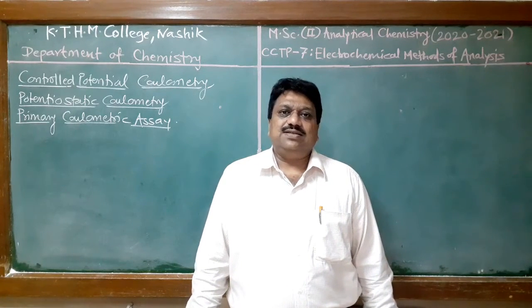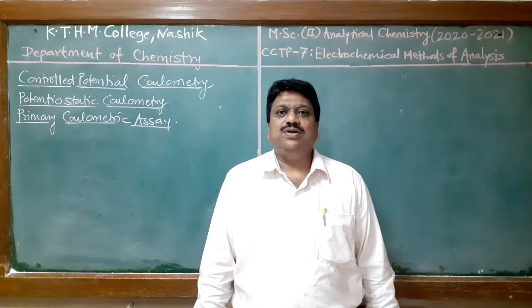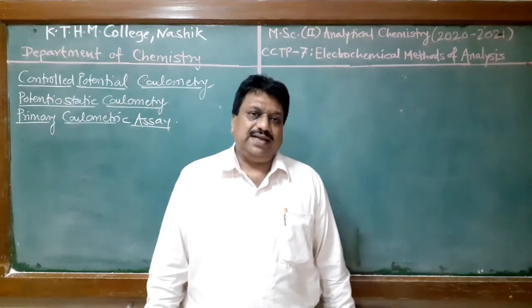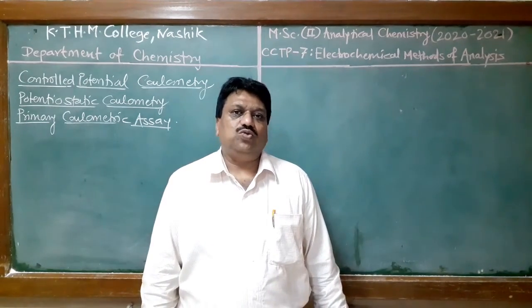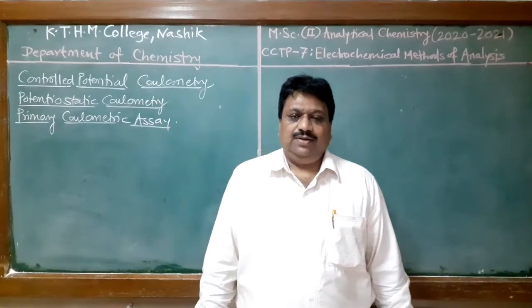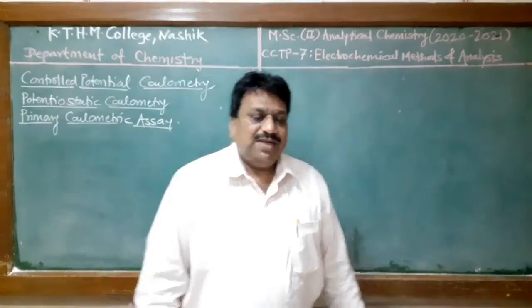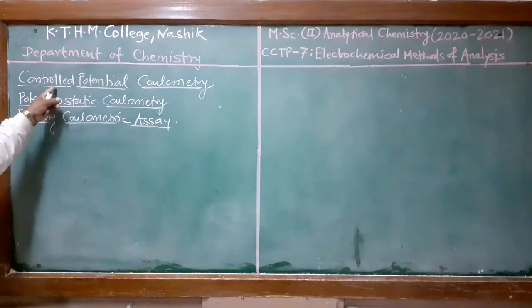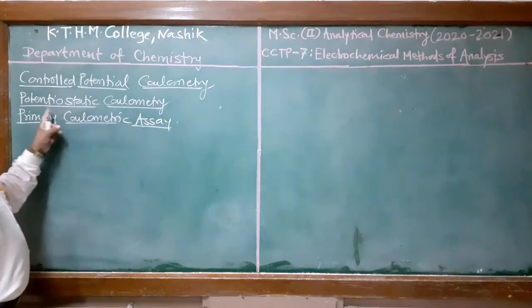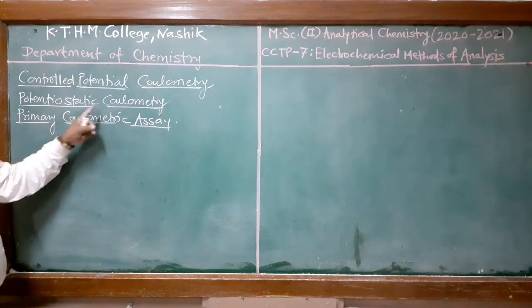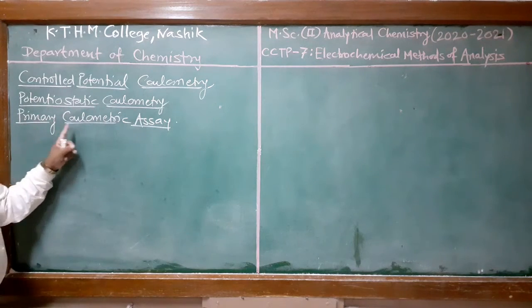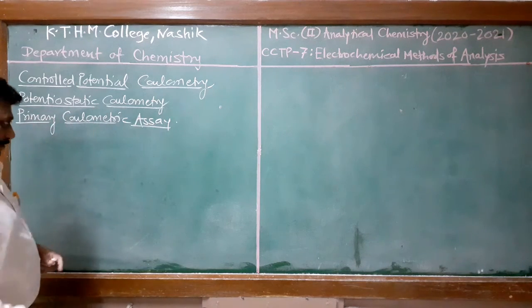Today we discuss the instrumentation of primary coulometric analysis or control potential coulometric analysis. We are familiar with that a control potential coulometric analysis is also called as potentiostatic coulometry or primary coulometric assay.